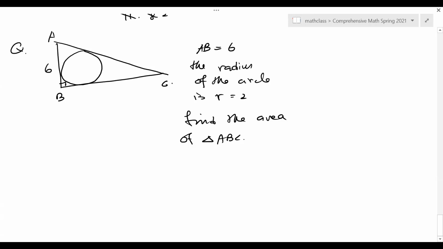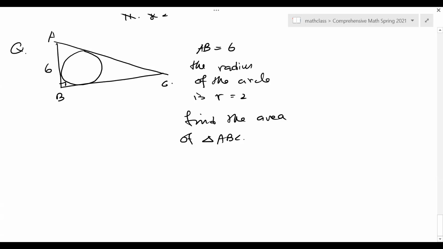Okay, so think about this, okay? And the question can be asked differently. They can ask you, oh, this is a right triangle, I only know one side, okay? And can you find the ratio of the area of the circle and the area of the triangle?